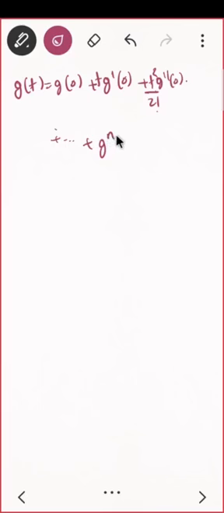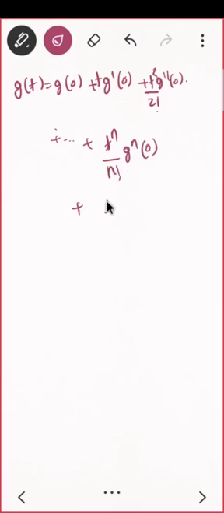of t will be g of 0 plus g dash of 0 plus g double dash of 0 into t, and it will be t square by 2 factorial and so on. It will be t raised to n upon n factorial into g nth derivative of 0 plus remainder term.